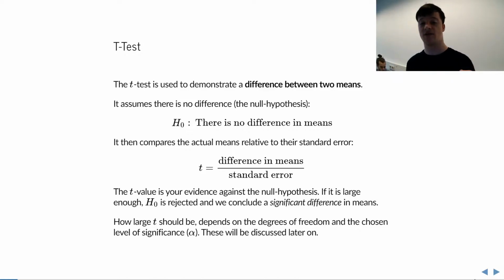Now, how large your value t should be, or how large your evidence against the null hypothesis should be in order to reject it, depends on what you consider to be the acceptable chance of a false positive. Maybe in a bachelor course you might have heard something like, if p is lower than 0.05, it's significant. That's a bit of an oversimplification. It's significant when it's lower than the level that you chose.